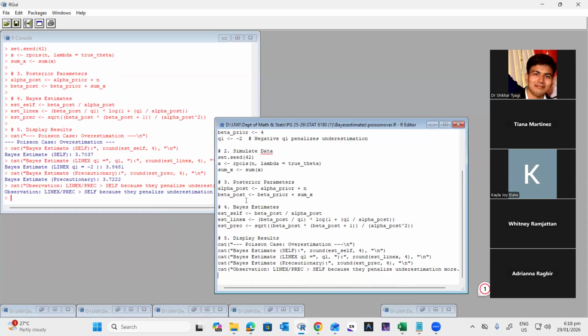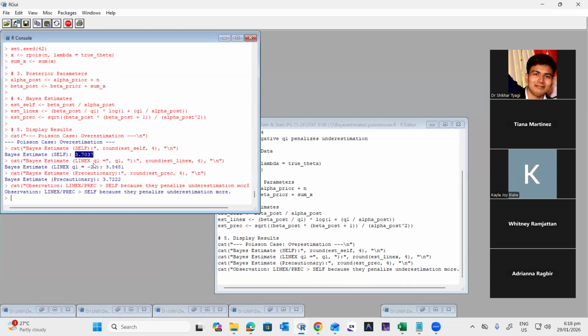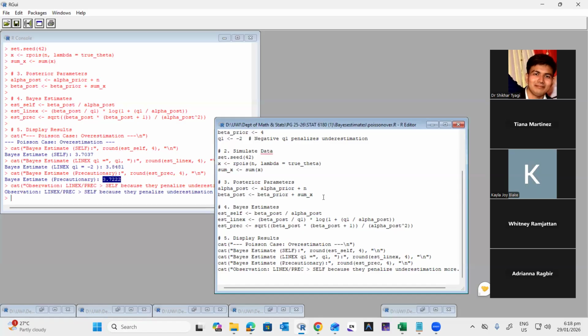Okay. So right now, if you just see one thing in your final results here, under the self, it is 3.70. Under the line x, that is 3.84, and under the precautionary, it is 3.72. It means that while you are going to take underestimation more seriously in this study, that will not provide you that much reliable results in comparison to the self.